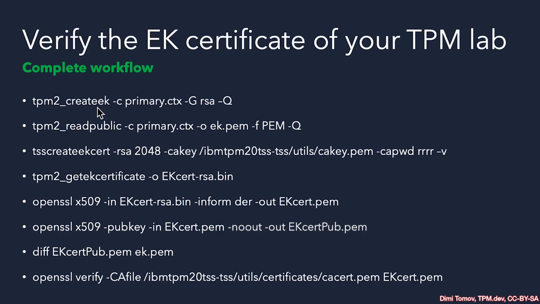And remember, if we generated an EK of RSA type, then we need to generate an EK cert for RSA. This is important. Once we have generated the EK certificate for our TPM simulator, we can extract it as usual using the TPM2 tools. Then we convert the certificate to PEM format as well. We extract the public key from the certificate and we compare the two public keys.